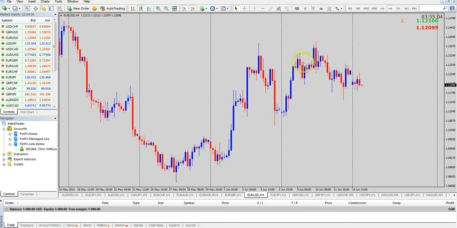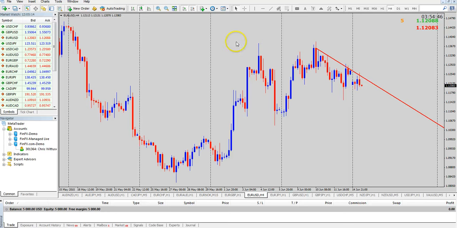We're on 4 hours. So currently on the 4 hours we have the trend looking kind of like this. It's a downtrend right now, so we're going to trade based on that. There's another way that we're going to get to show are we really in a downtrend or not.